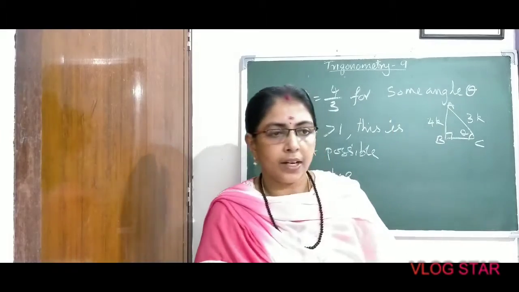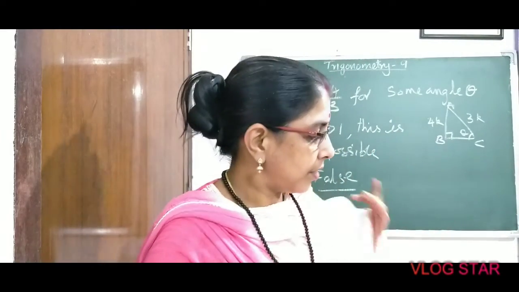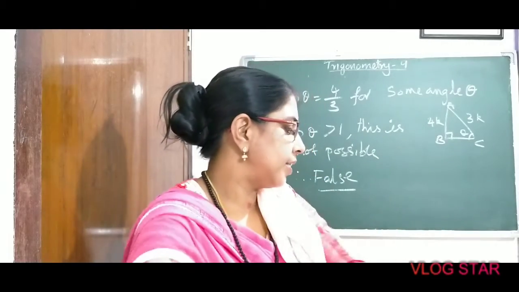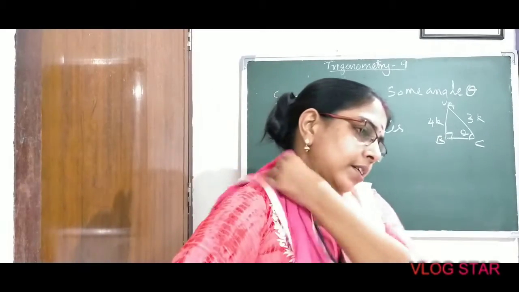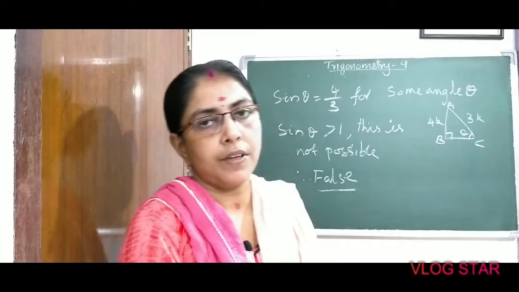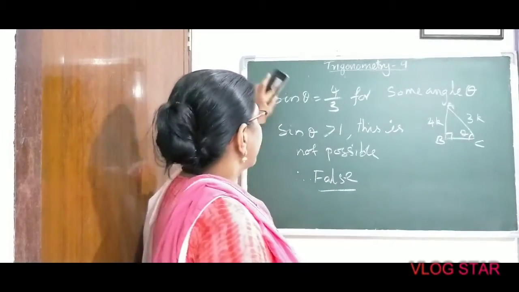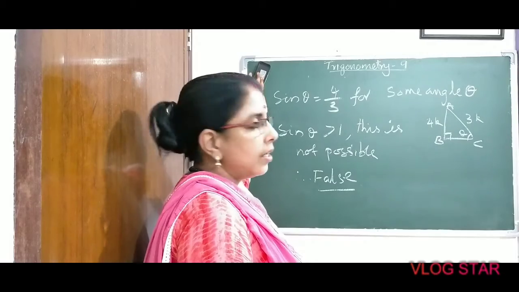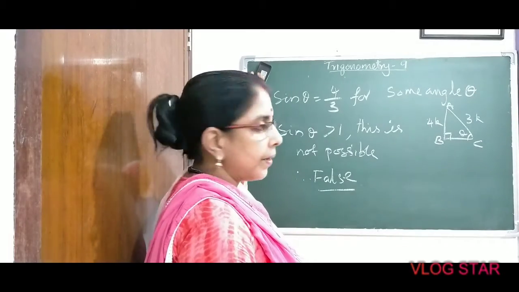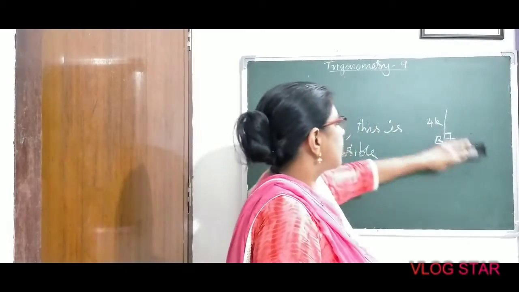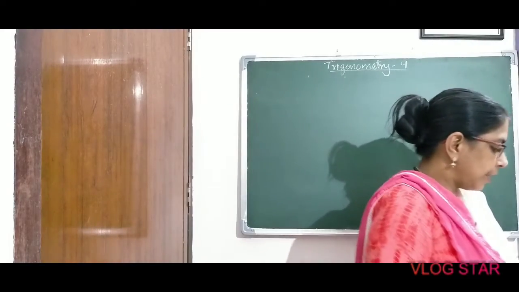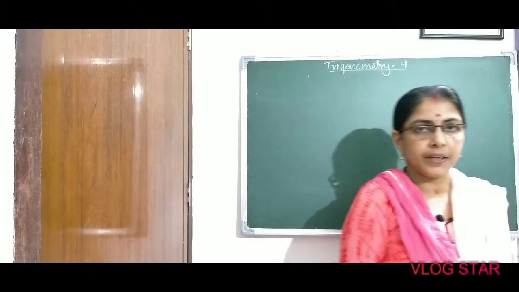Okay, now we are continuing the next part of our lesson, that is finding the trigonometric ratios of some specific angles. This is our last question of 8.1. Now we are moving on to the next topic: trigonometric ratios of some specific angles.